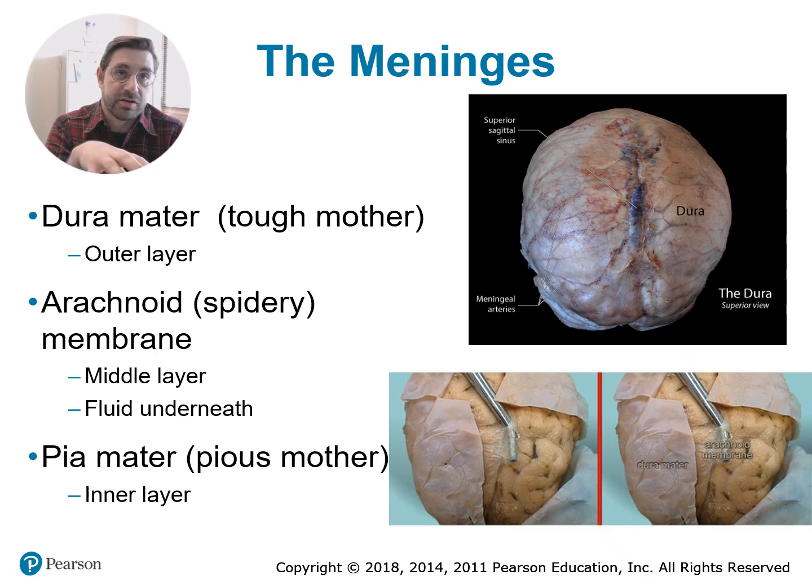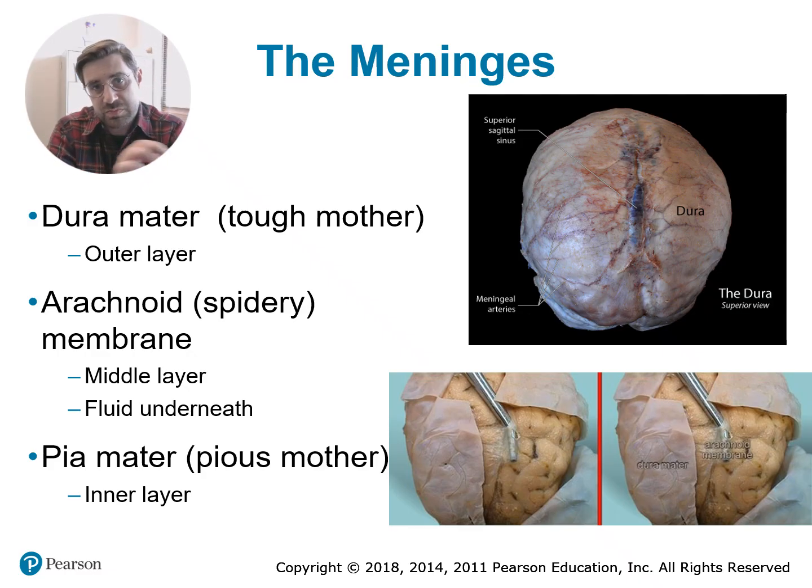Underneath that outer layer of dura mater, we've got two thinner membranes. The one in the middle is called the arachnoid membrane. It gets that name like arachnophobia, like spiders, because it's got a web-like consistency going around the brain itself. And there's fluid underneath that web.